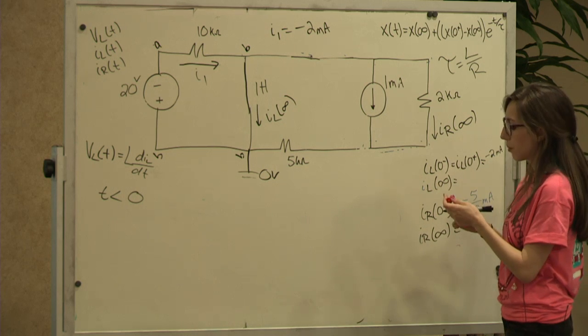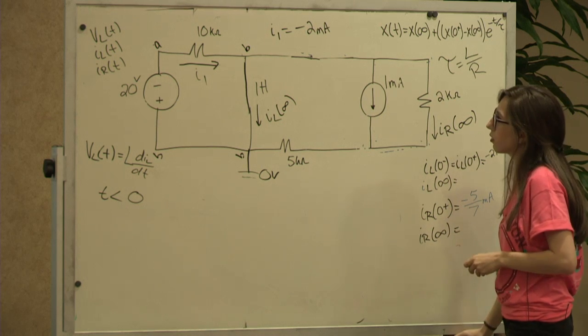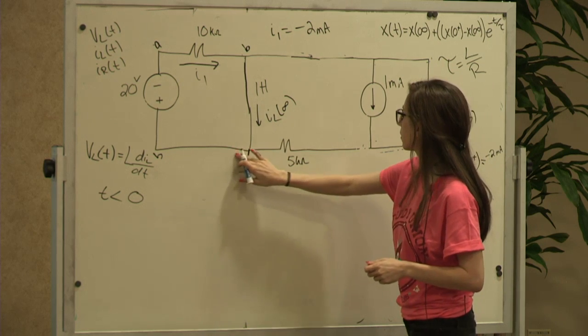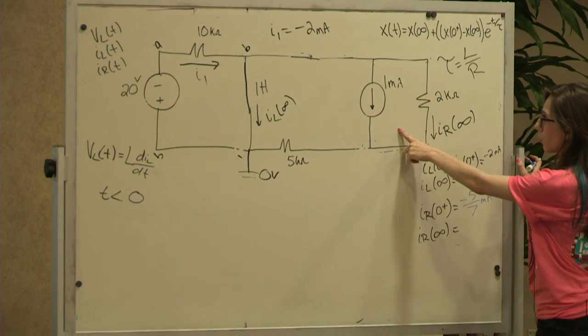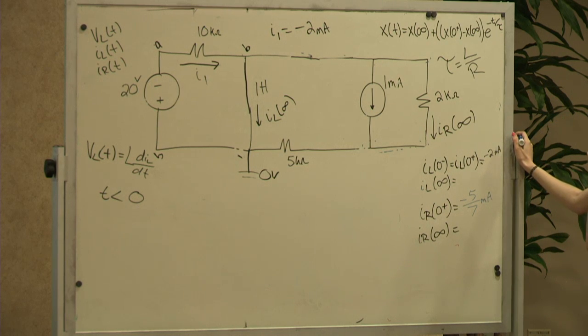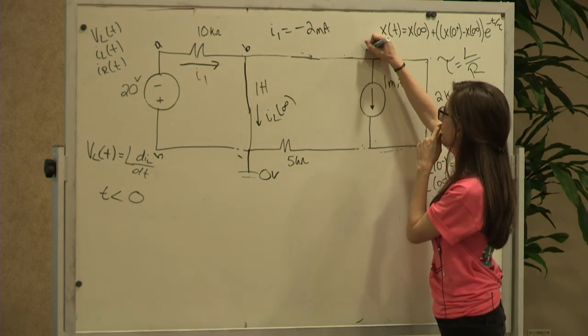And then what about IL? We still can't find that yet. What about over here? This is a short, right? So this is B over here as well.